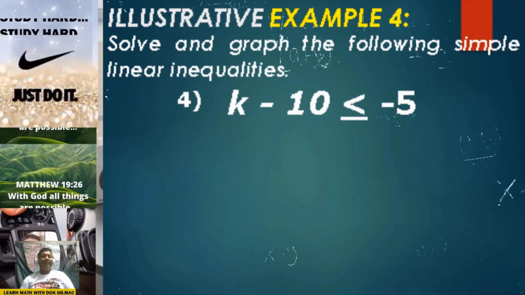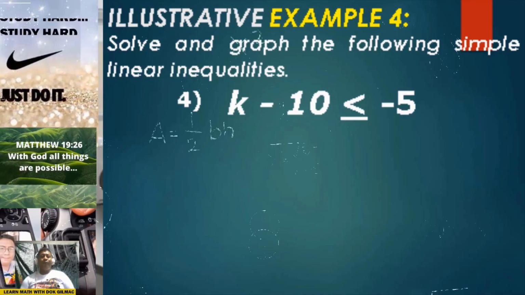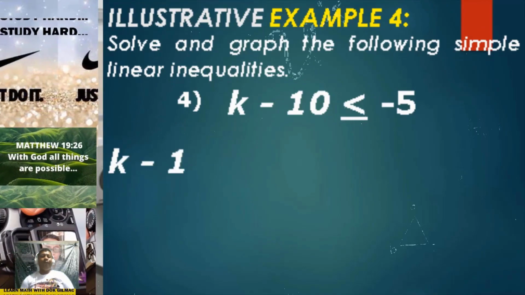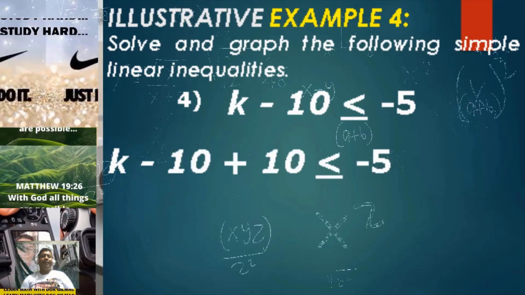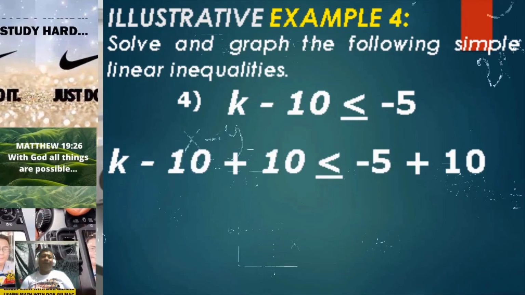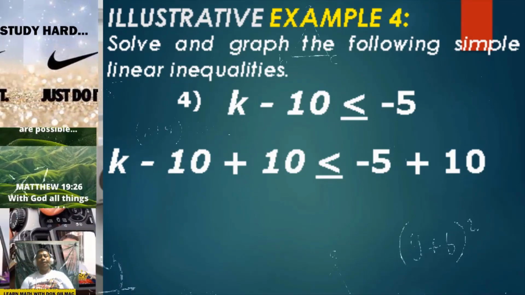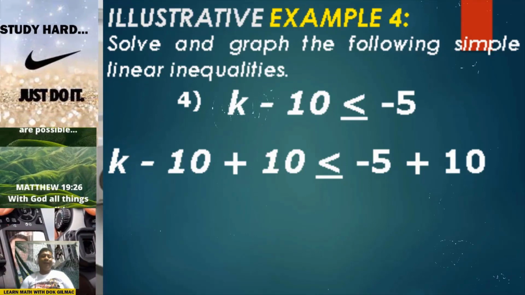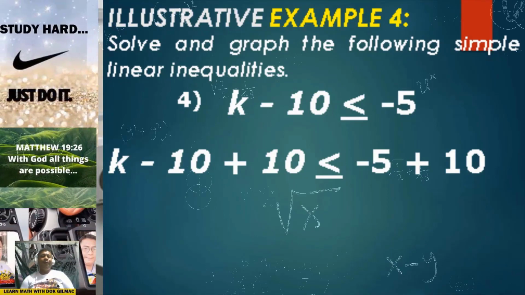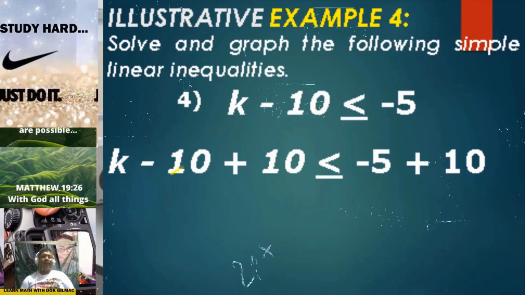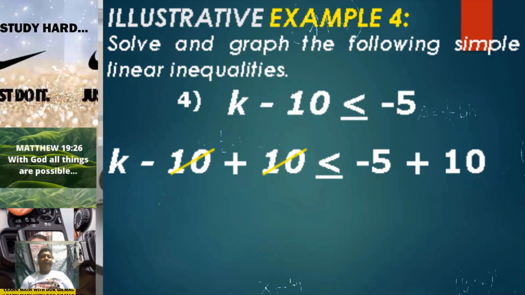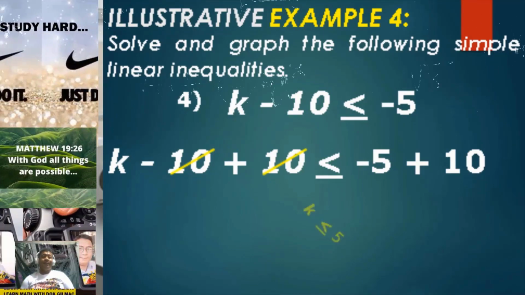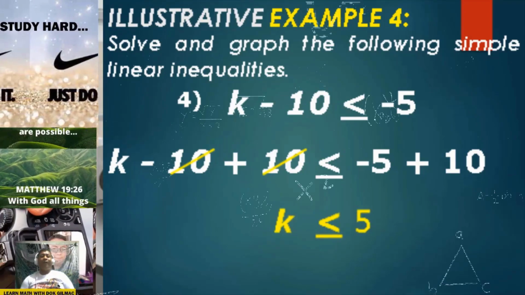We can just add 10 to both sides of the inequality. So we have k minus 10 plus 10 is less than or equal to negative 5 plus 10. Since negative 10 and positive 10 are additive inverses, we can cancel them out. From here, k is less than or equal to 5.